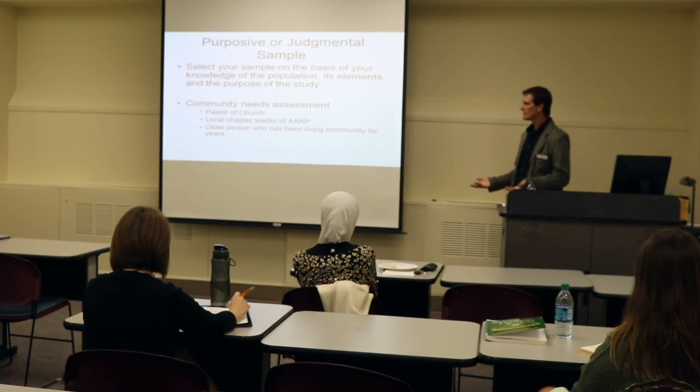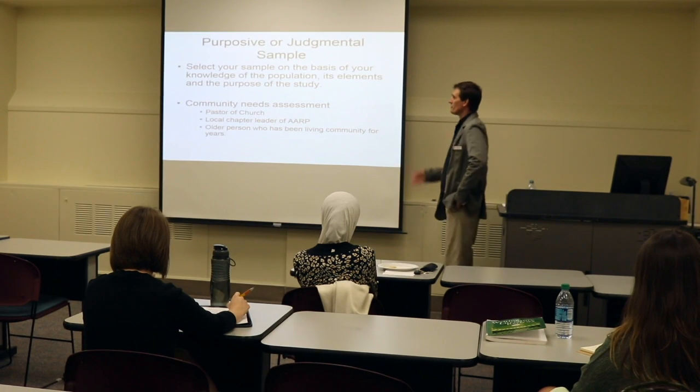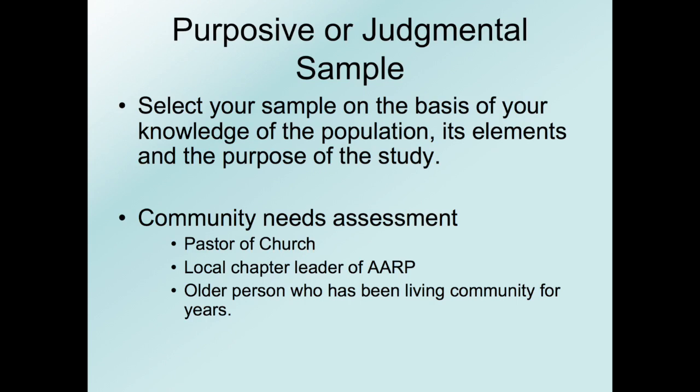All right, the next type of sampling strategy is the purposive, sometimes referred to as a judgmental sample. This is when you select your sample on the basis of your knowledge of that population and its elements and the purpose of the study. It could be very similar to a quota sample, but you could think of a purposive or judgmental sample as one in which you're looking for subject matter experts.